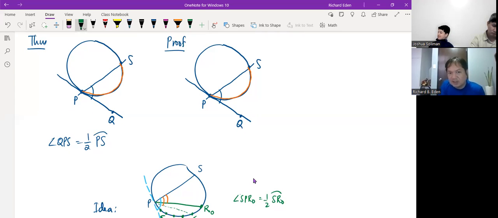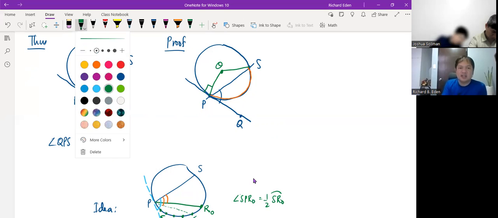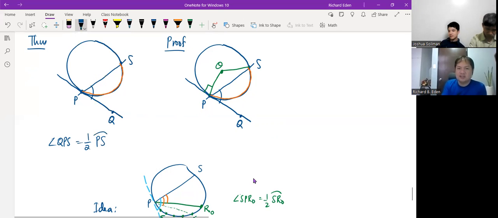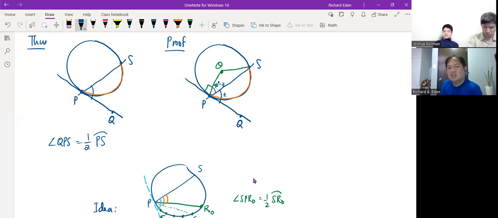Okay, let's locate the center here, call that O, and then connect the center to P and S. Now P is not just any point relative to the circle and that line. It's a point of tangency, which means we have a 90-degree angle there, which means that this angle we're trying to measure, if we call it Z, then that makes this angle 90 degrees minus Z. All right.